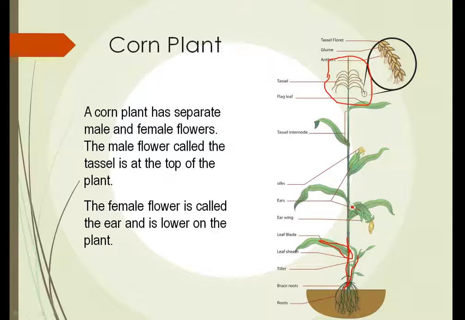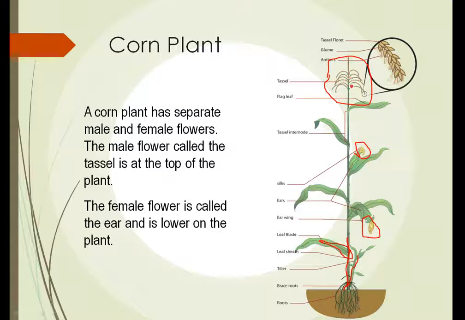The female flower is where the ear develops, and the female parts are the silks that hang out from this. The reason the corn plant is structured this way is because the male parts release pollen.